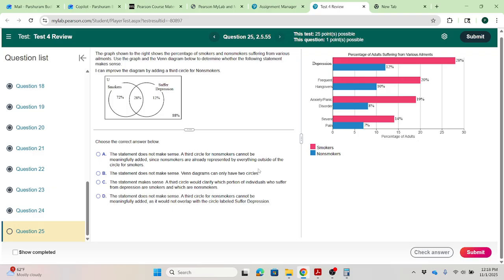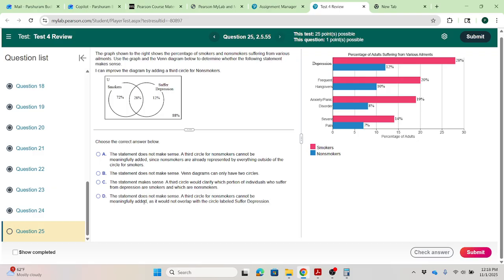So depression 12%, and then the percentage smoker rate. Yeah, definitely suffer depression. I can improve the diagram by adding a third circle for non-smoker. Smoker 72 and 20. No, that does not require. Anyone outside the smoker is non-smoker, so that's not required. The statement does not make sense.